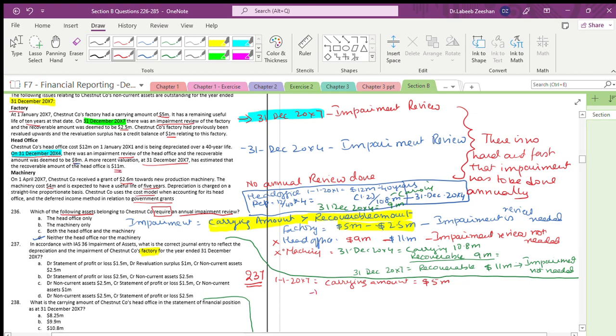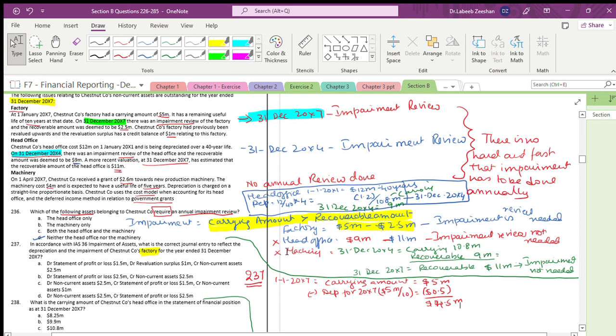Next, depreciation for 2007: 5 million divided by how many years remaining? 10. It comes to how much? 0.5. How much is remaining? 4.5 million.